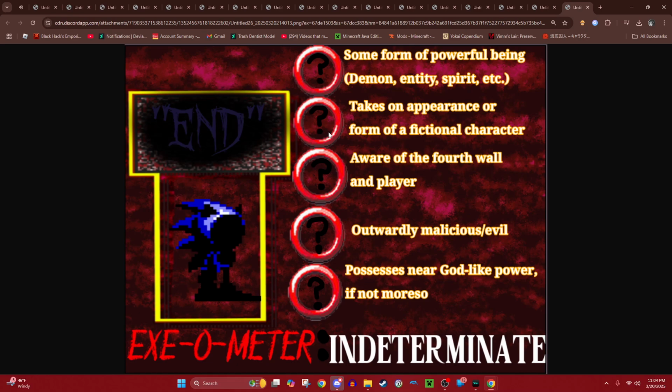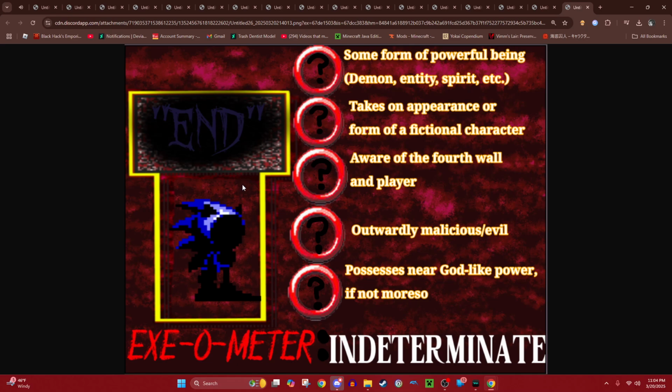So, with that being said, the EXE-o-meter has, for one of the rarest occasions, been made indeterminate instead of just not likely at all, as if there were no rings checked. It's not that they're not checked or simply checked. We don't know if they can be checked. And that's why this rare occurrence of literally everything being unchecked results in indeterminate.